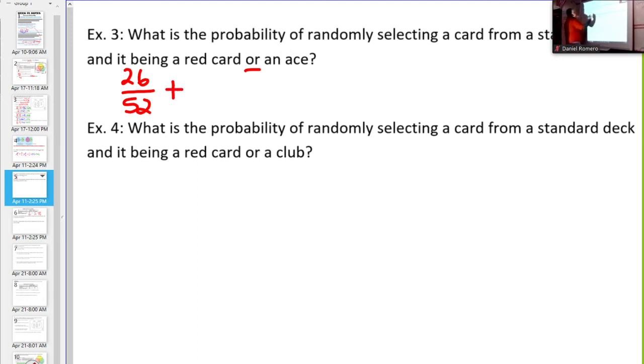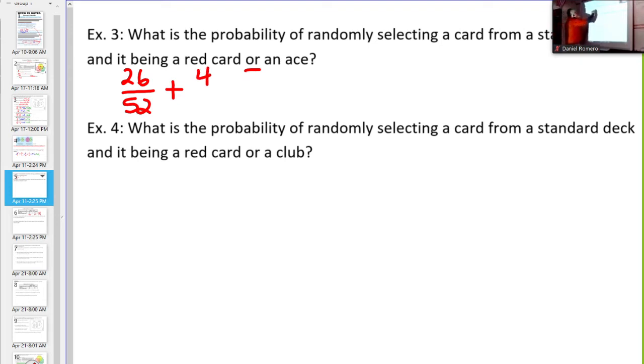Plus, how many aces are there in a deck? How many aces are there?